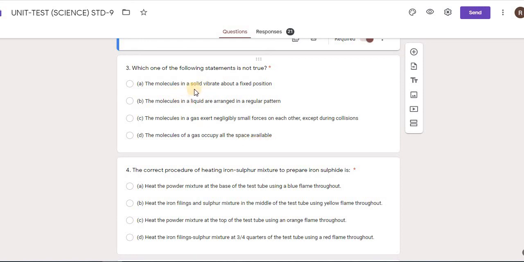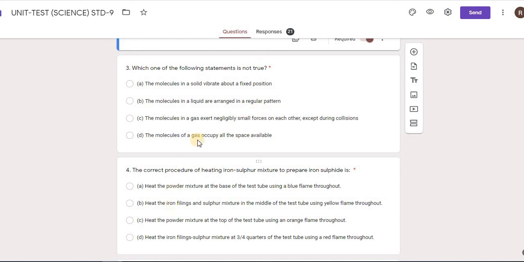Here the first statement is right, because as we know the molecules in a solid vibrate about a fixed position. But among all these statements, statement B is not true. The molecules in a liquid are arranged in a regular pattern.